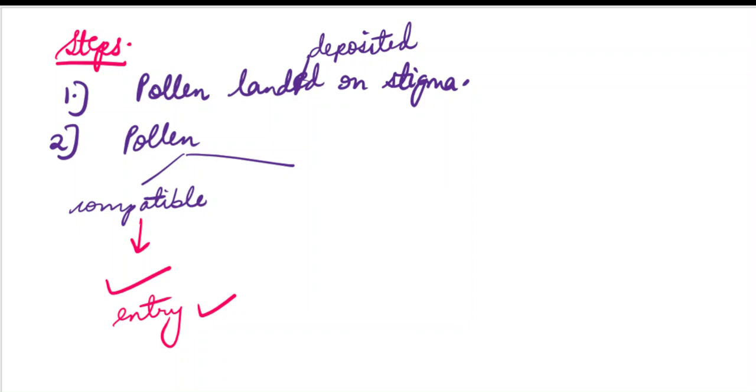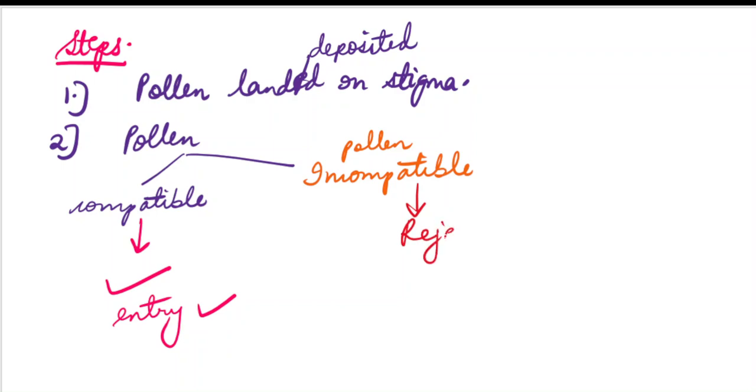But suppose the pollen is incompatible, then what will happen? Here there will be a rejection given. And due to this rejection signal, this pollen will get discarded by the pistil.